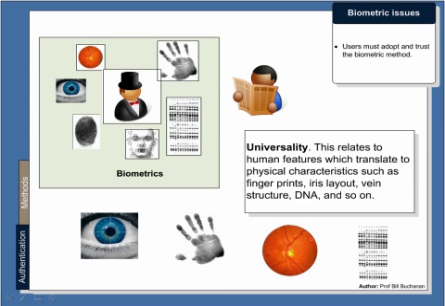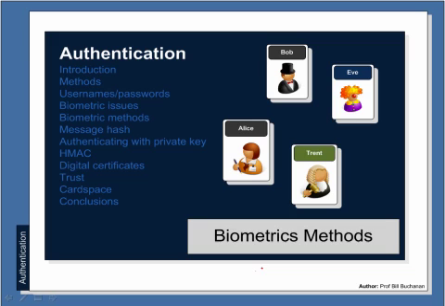And there's also the universality, and that's how much the human features translate into characteristics, such as in fingerprints, the iris layout, vein structures, DNA, and so on. So in this part we'll look at biometric methods.